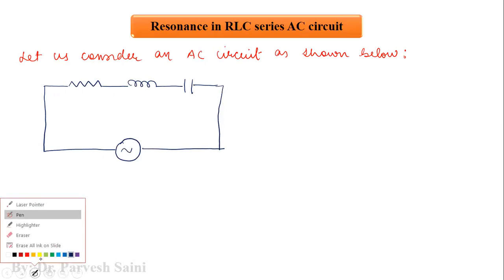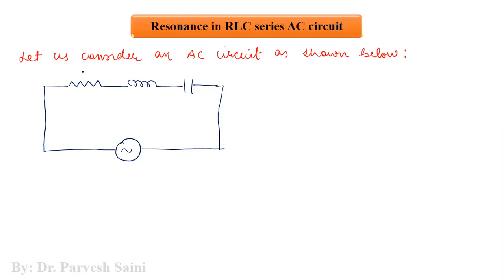So in this, we have this R, L, and C. Let us say that capital V is the RMS value of the voltage and capital I is the RMS value of the current. And V is equal to Vm sine theta.